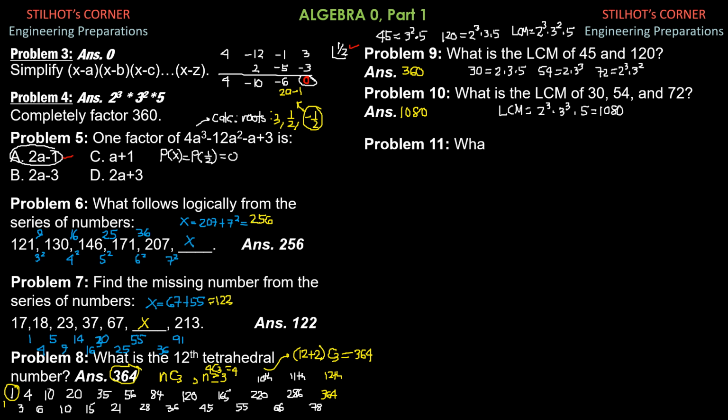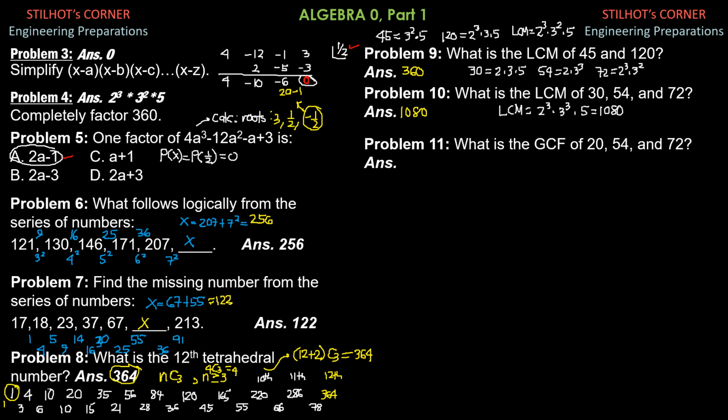Problem 11. What is the greatest common factor of 20, 54, and 72? Remember, the GCF is the product of common prime factors with the least exponent.